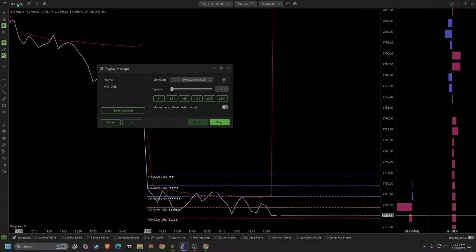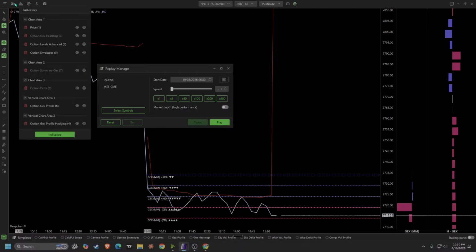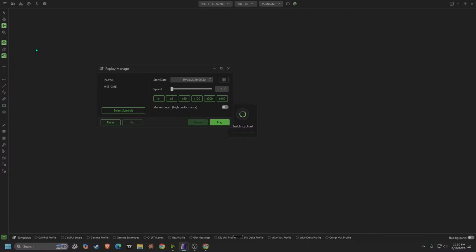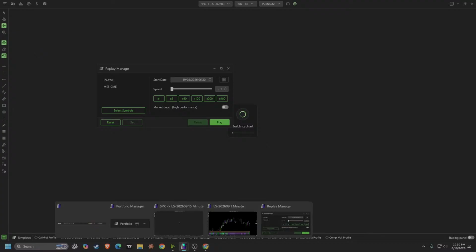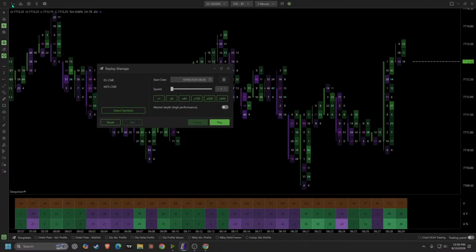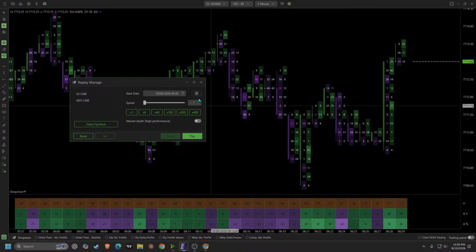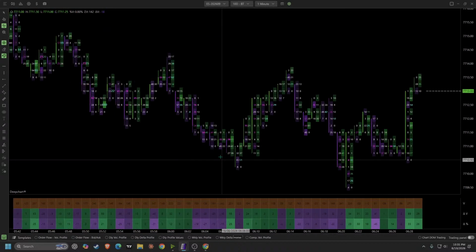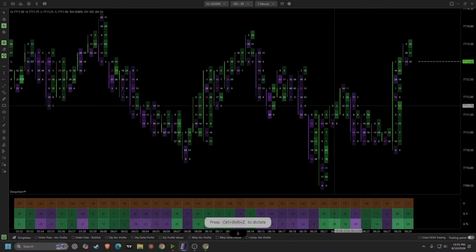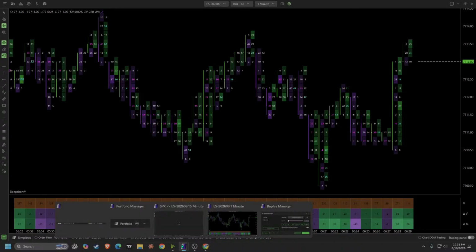And I believe I need to change this to ETH so I can see the overnight. Awesome. So we're ready to go. Let me set this up for y'all.